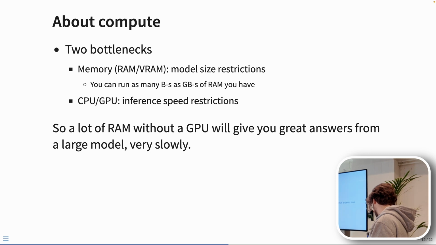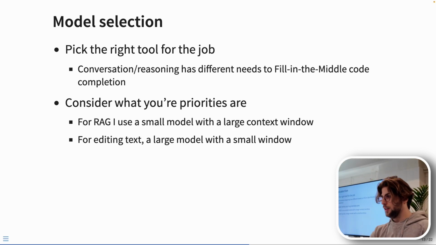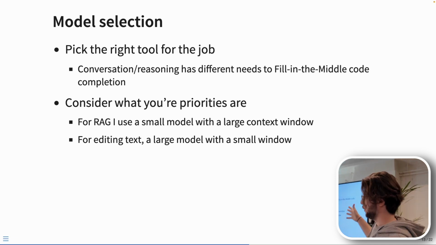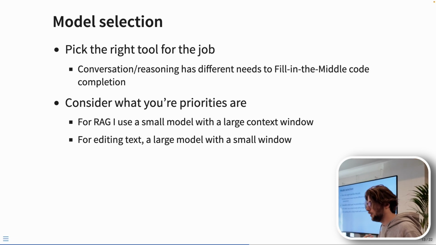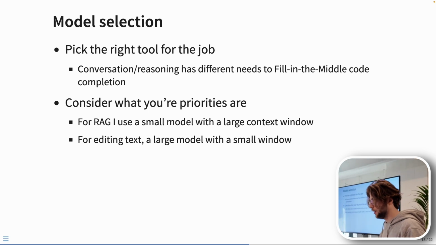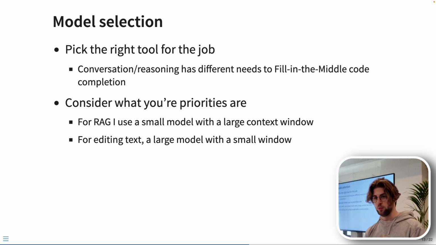Cool. Model selection, yay. So which model to run out of the 100 million that are out there? The right tool for the job, right? How I got into doing this was I wanted to run Positron, the amazing new generation data science IDE from the people that made RStudio.